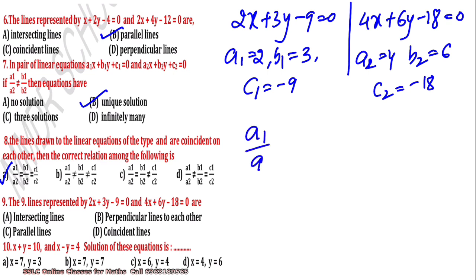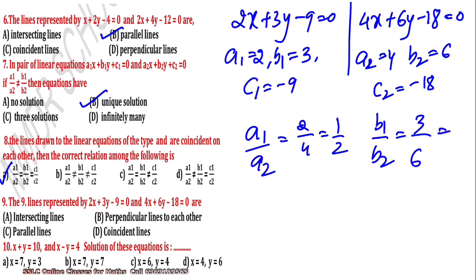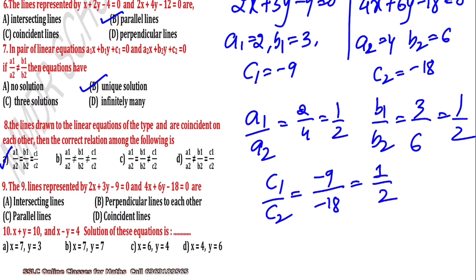Now see the ratios. a1 by a2 equal to 2 by 4, which is 1 by 2. b1 by b2 is 3 by 6, which is 1 by 2. c1 by c2 is minus 9 by minus 18, which is also 1 by 2.